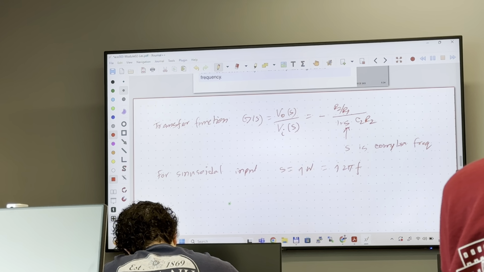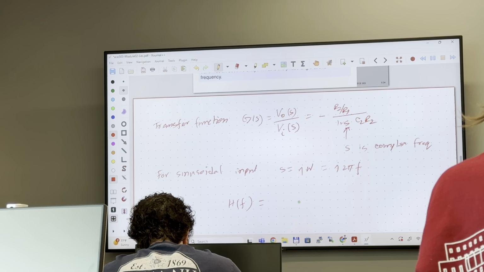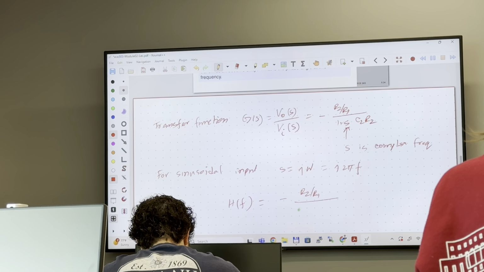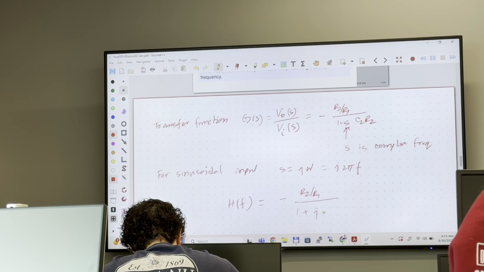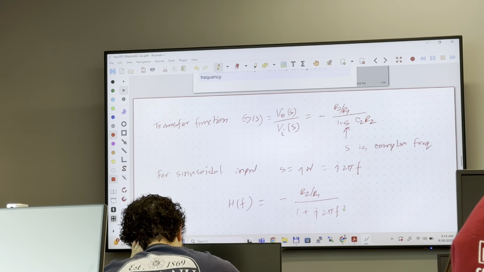We write this as H of f, which is negative R2 over R1 over 1 plus j 2 pi f R2 C2.